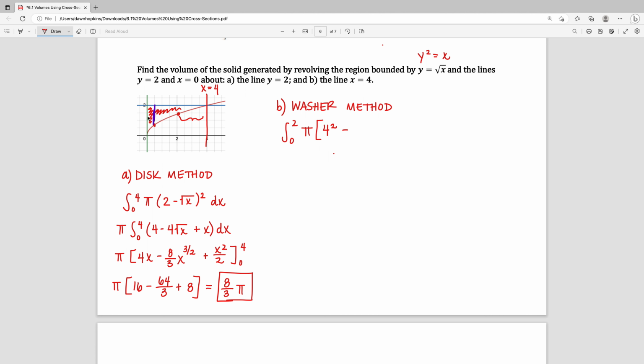So the distance all the way to the edge, 4, minus this value is going to give us what's left here. So again, the outer radius is that fixed distance 4. The outer edge of this solid is always going to be 4 units away from the axis of revolution. The inner radius, this distance here, it's 4 because this line here is 4 units from the axis minus this value here.